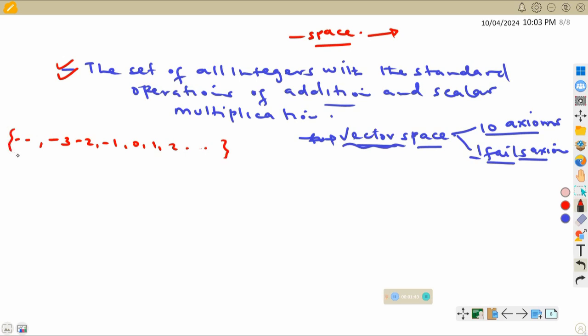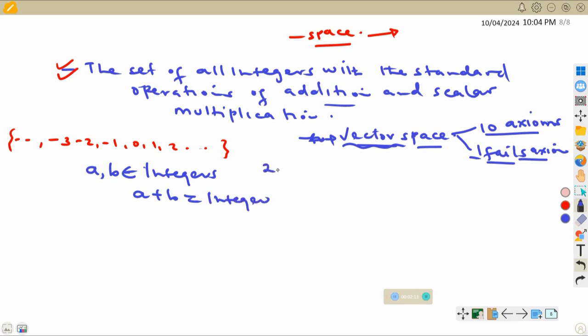These are integers. Now, if we look at standard operations of addition, it is very true that when you get an integer, that is, if A and B are picked from a set of integers, then it is true that when I get A plus B, I will also get an integer.